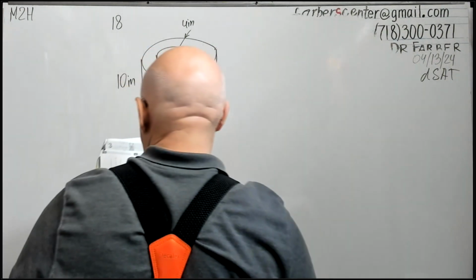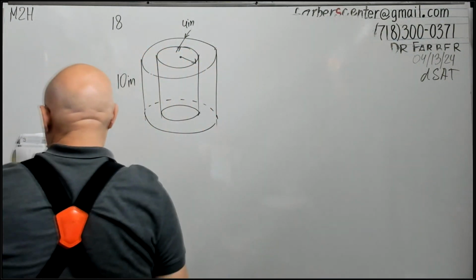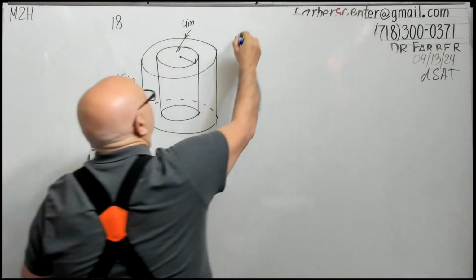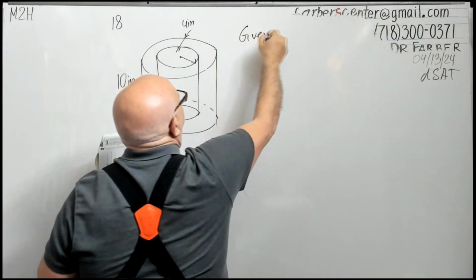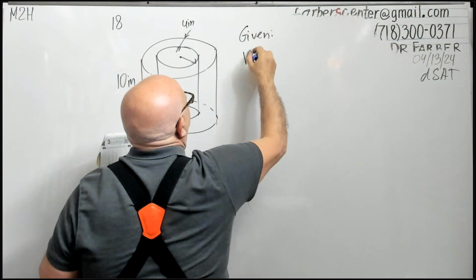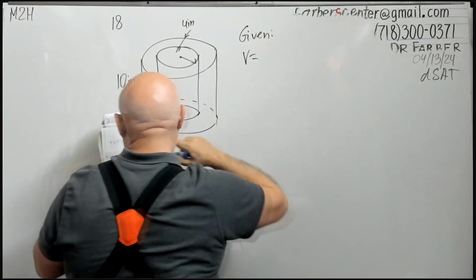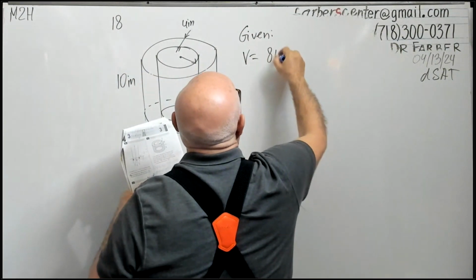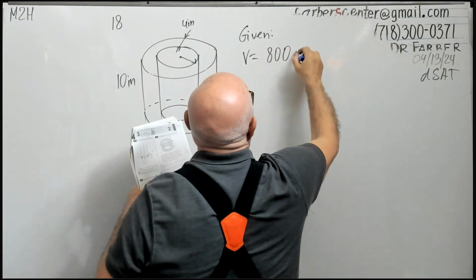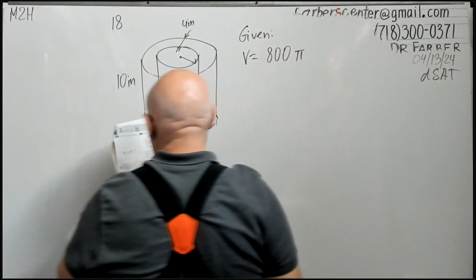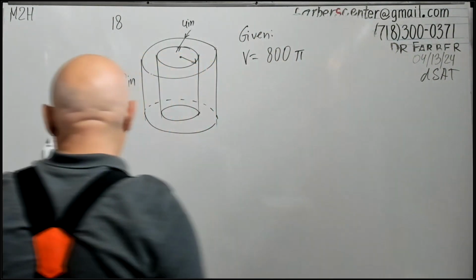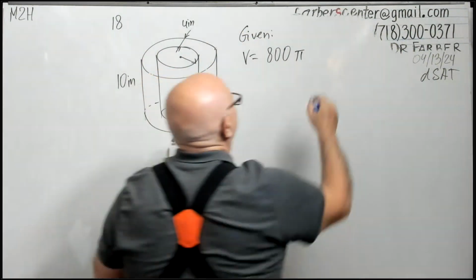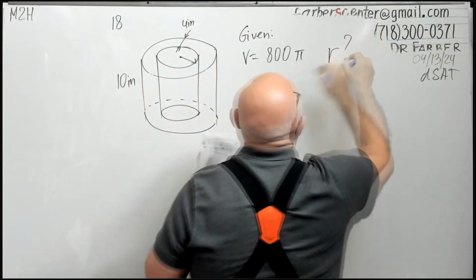Volume of the figure is given: volume equals 800 pi. And what is the question? What is the radius? R is the question mark.